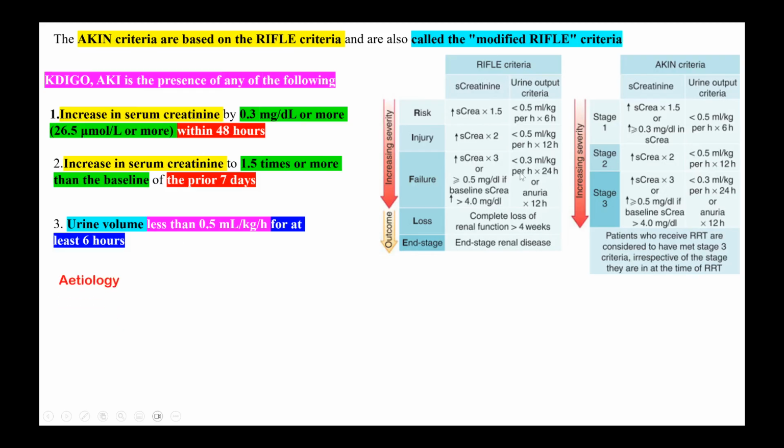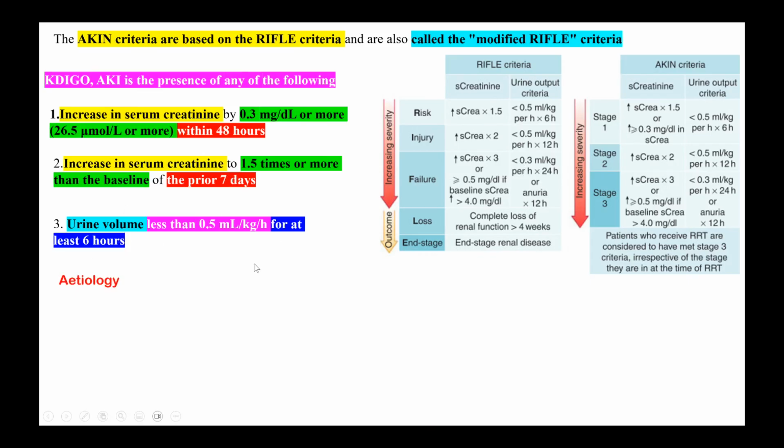So all the 3 criteria, please remember, are taking only these 2 things into consideration. One is the serum creatinine value, the other is the urine output, which should be less than 0.5 ml per kg per hour, but the number of hours changes according to the severity.